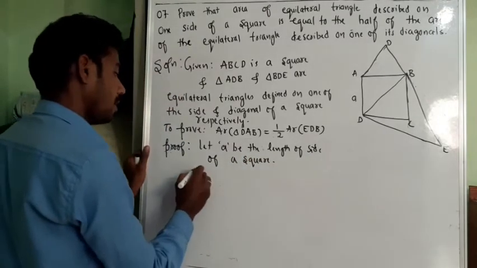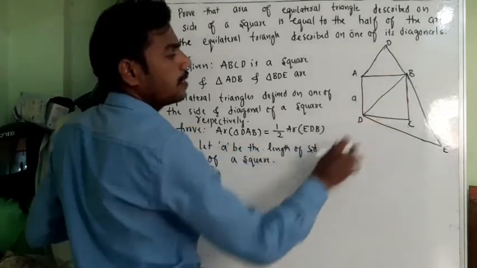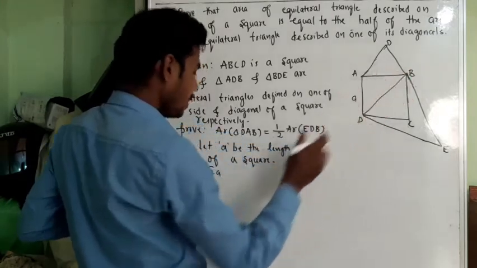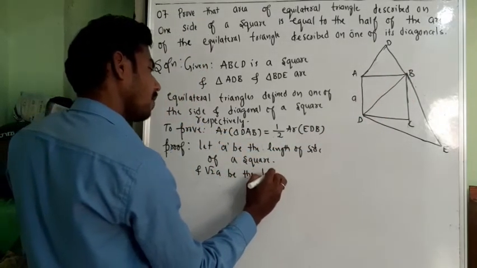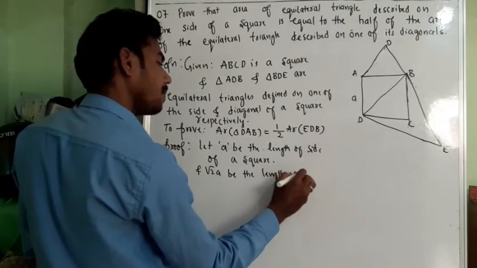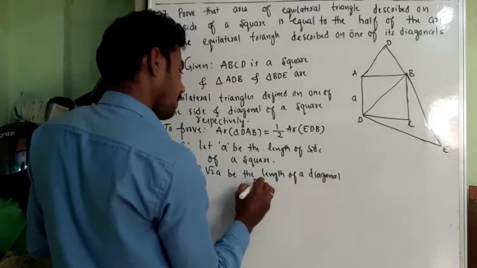Then what will we get? If a is the side, then what is the diagonal? Root 2a be the length of diagonal BD.